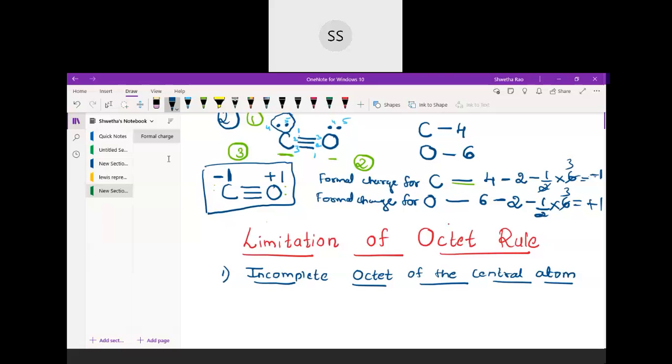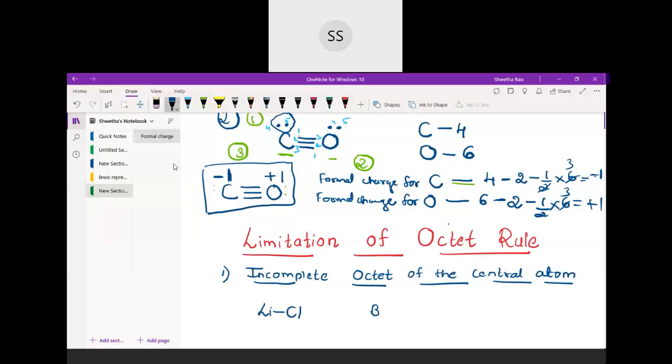So here we will check whether all atoms agree with this, whether it is a universal law or not. When a few molecules were checked, for example lithium chloride, LiCl, the structure will be like this. Then beryllium hydride.